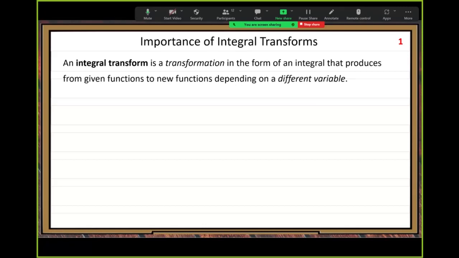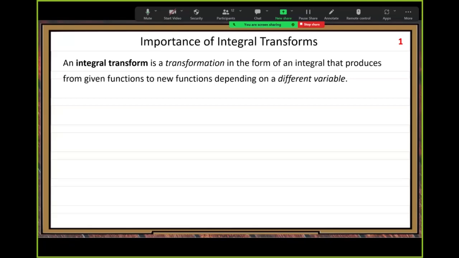I talked about this idea a few lectures ago. Remember I talked about domains. When we do a transform, we change our functions from the time domain to the frequency domain, or time domain to the S domain. Laplace transform goes from the T domain to the S domain. Here we do the same thing.